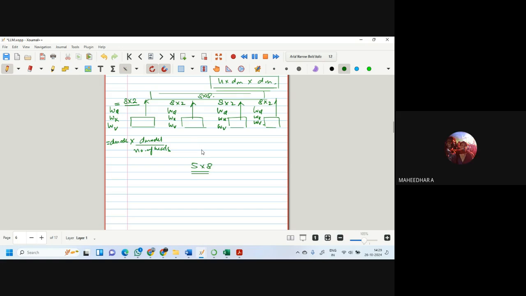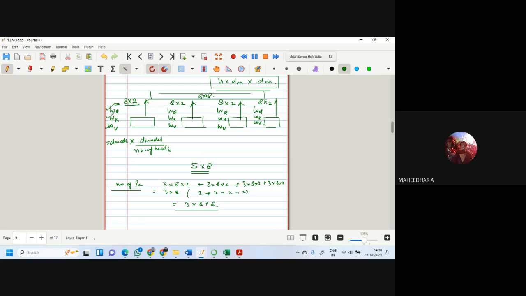When you calculate the number of parameters here, it will become 3 into 8 into 2 plus 3 into 8 into 2 plus 3 into 8 into 2 plus 3 into 8 into 2. If you take 3 into 8 common, this becomes 2 plus 2 plus 2 plus 2, so it becomes 3 into 8 into 8. This 3 is WQ, WK, WV; it is not the batch size.